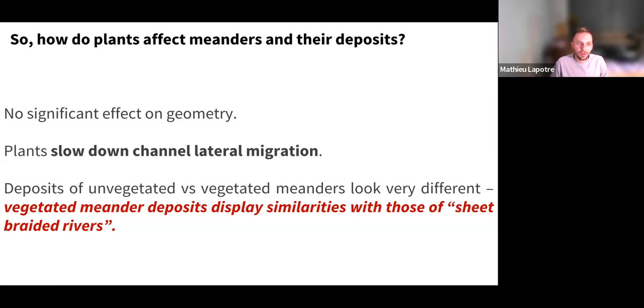And as a result, the deposits of unvegetated versus vegetated meanders look very different. There's a typo here. It should say unvegetated meander deposits should actually display similarities with those of sheet braided rivers. So there's a possibility that some deposits have been misinterpreted in the past.